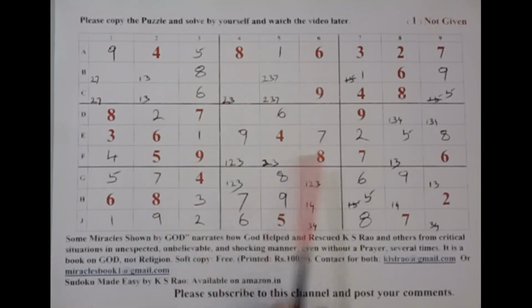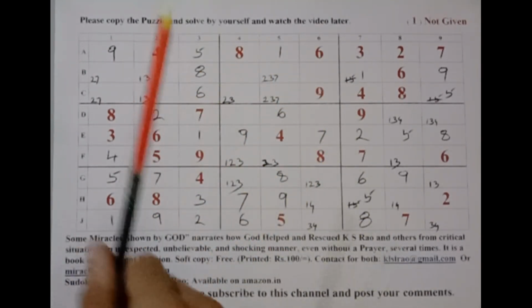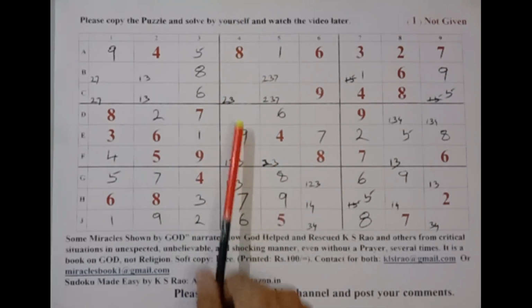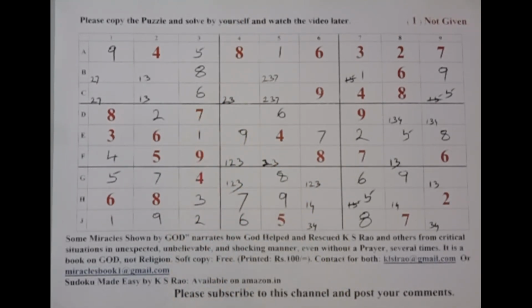Now here we have unintentionally done something wonderful. Look at column 4. We have made a trio of 1, 2, 3 here. Therefore, only 2 vacancies are there in column 4. That is for number 5 and 4. We have this 4 here.